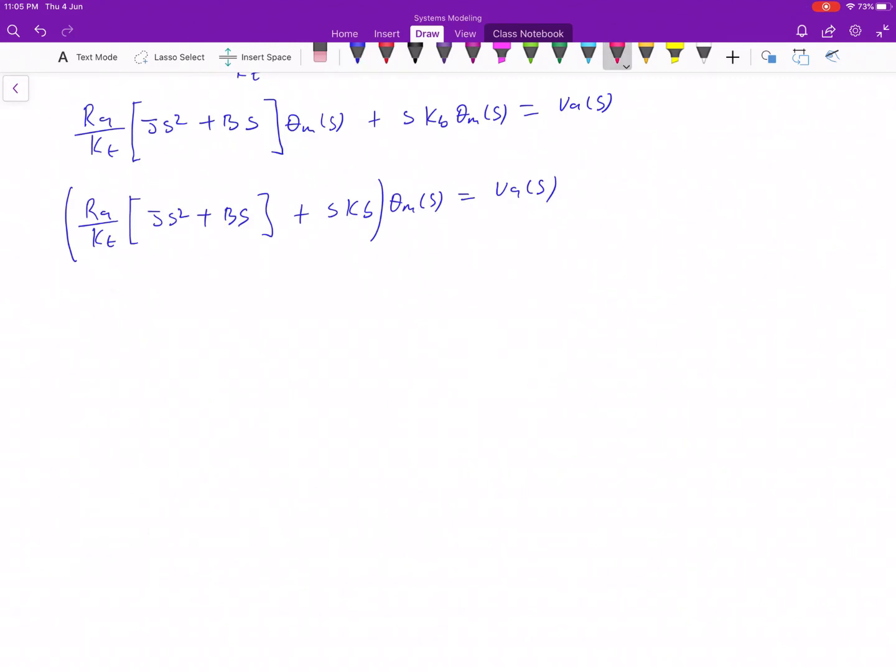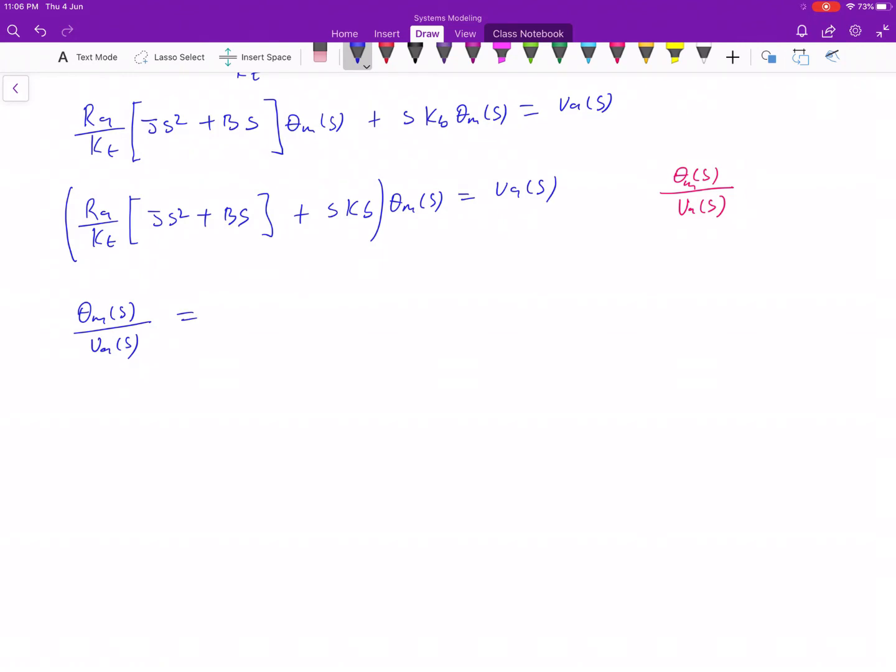Also, remember what we are trying to achieve. What we want is our rotation over the applied voltage. We can rewrite this equation and say that the rotation over the voltage is going to be this.